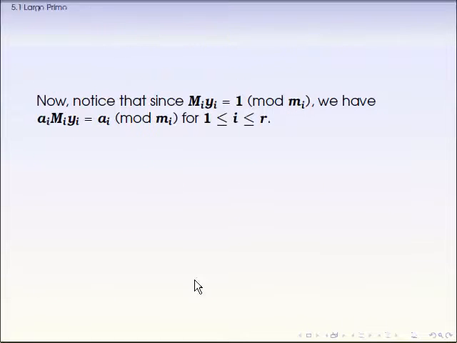So that's guaranteed. Then, since these two numbers are inverse to each other, the product must be congruent to 1 modulo mi, so ai times Mi times yi must be congruent to ai modulo mi, because that becomes 1.